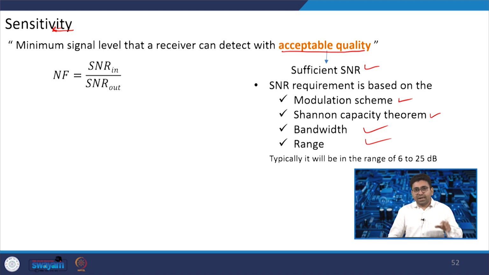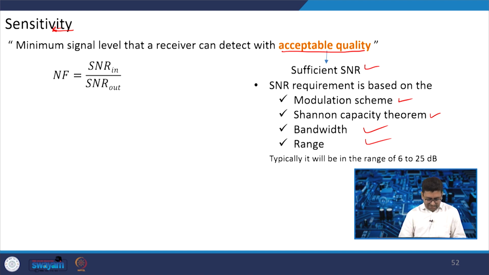So the SNR requirement depends on multiple factors, but you should know what is a sufficient SNR, or what is the acceptable quality for receiving your signal. So when you define sensitivity, always mention the acceptable quality: the minimum signal level that a receiver can detect with acceptable quality, and it should have a sufficient SNR.